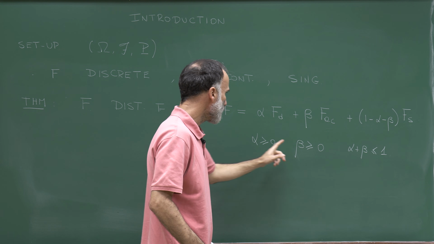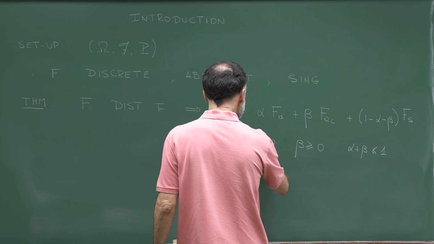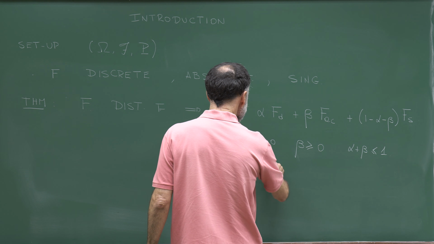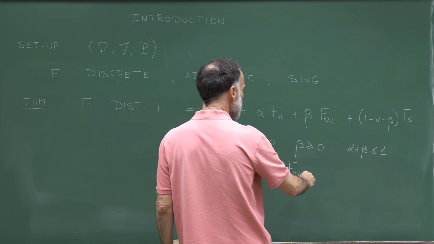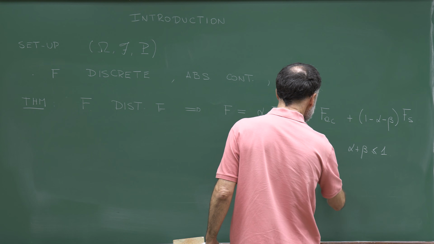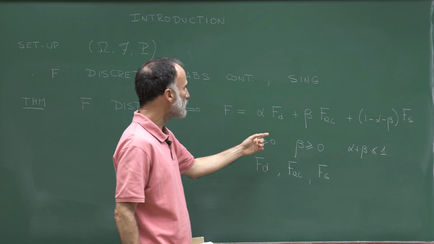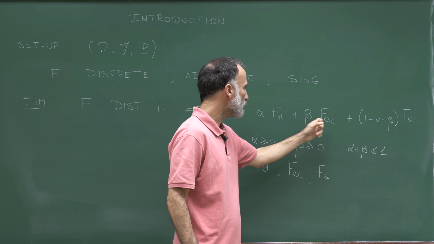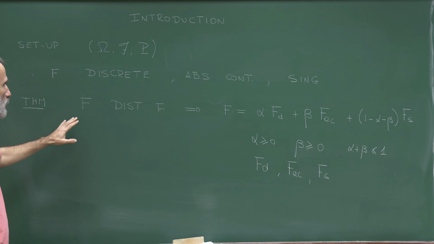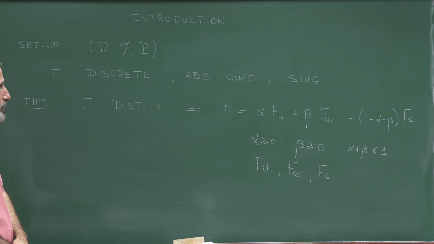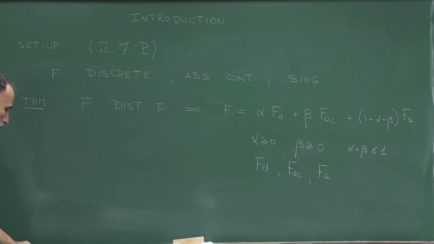So there exist alpha, beta satisfying these conditions, and there exist a discrete distribution function fd, an absolutely continuous distribution function fac, and a singular distribution function fs, such that f can be written as a convex combination of these three distribution functions. Again, I will not prove this theorem here, but you will find in the notes a reference to this result.